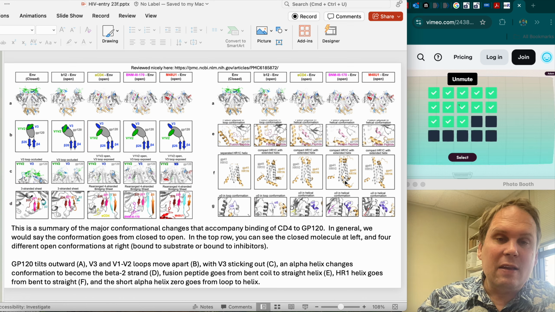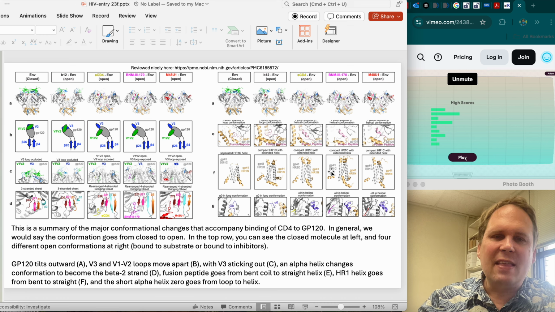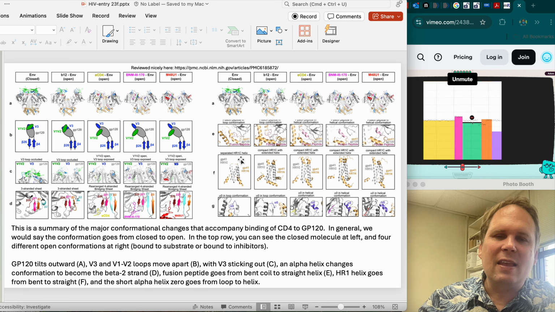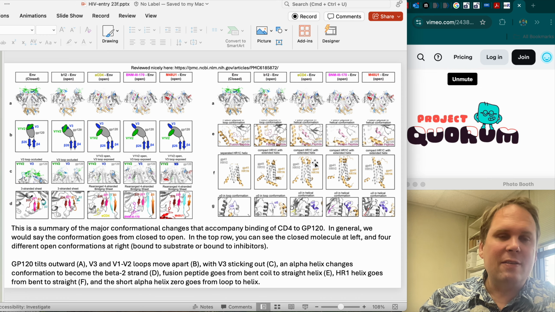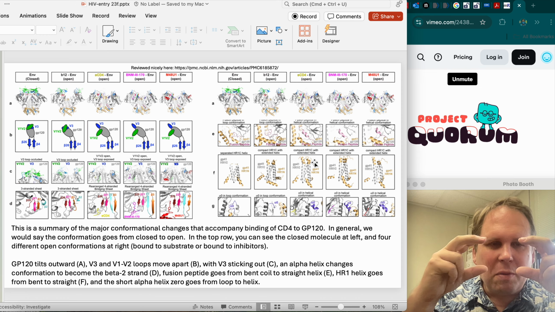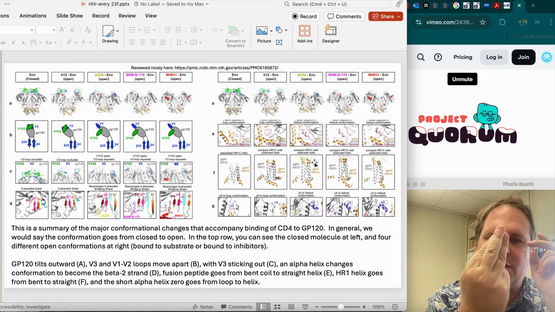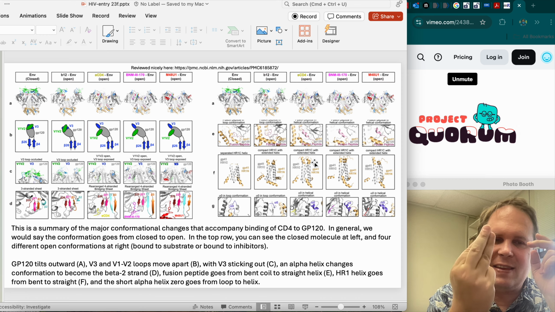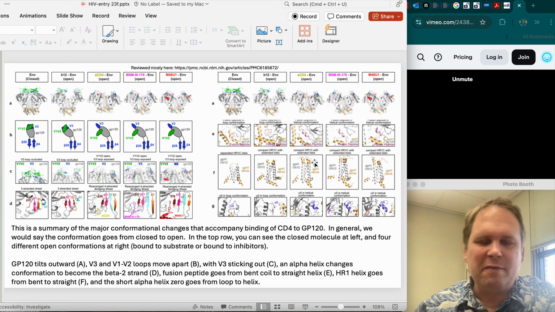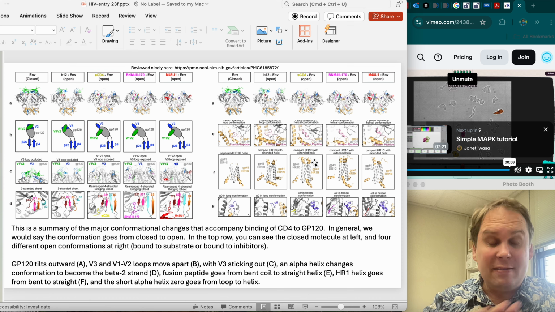It goes from a little helix to, look at this, a big long helix. So we're going to extend that, and this bit at the top that was not an alpha helix to begin with is going to extend and is going to interact. So we're going to form additional interactions that hold the 3 heptad repeat 1s together at the center, at the core of GP41. And they're going to stay together.